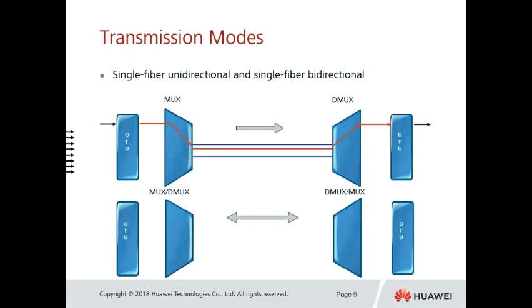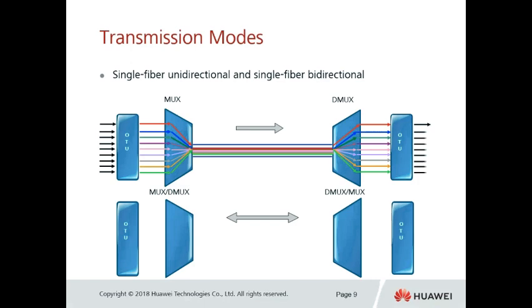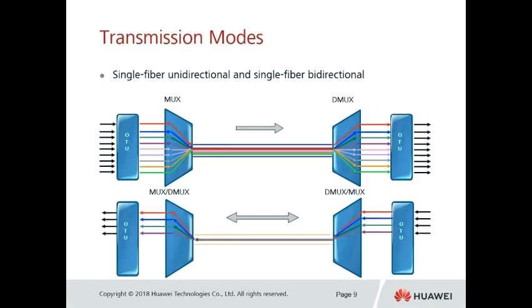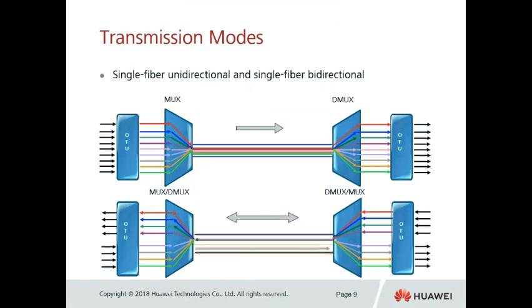We have another application, that is single fiber bidirectional. For this application, the sending direction signals and the receiving direction signals will be mixed into the same fiber, and you need to use different wavelengths to carry sending signals and receiving signals.